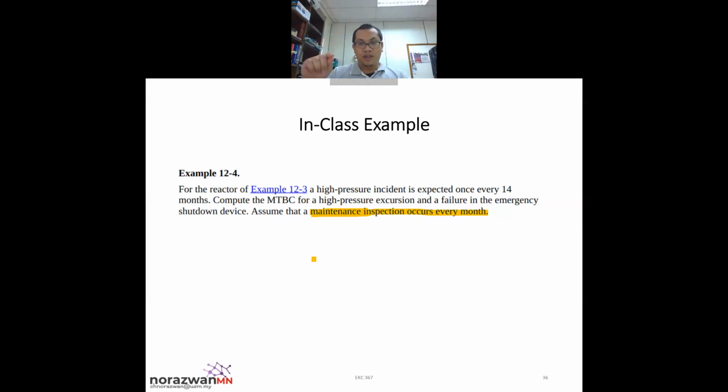So 1/12: you have one inspection in a month, out of 12 months. If you have your inspection twice a month, then you have 2/12.